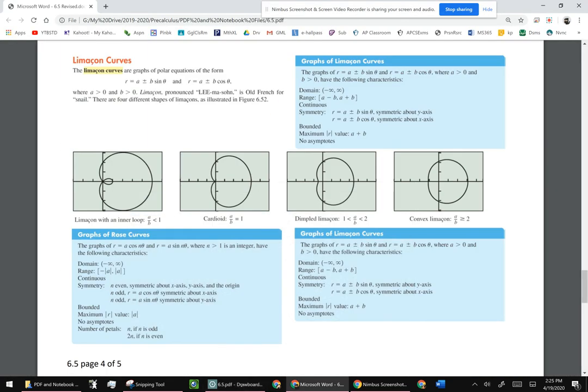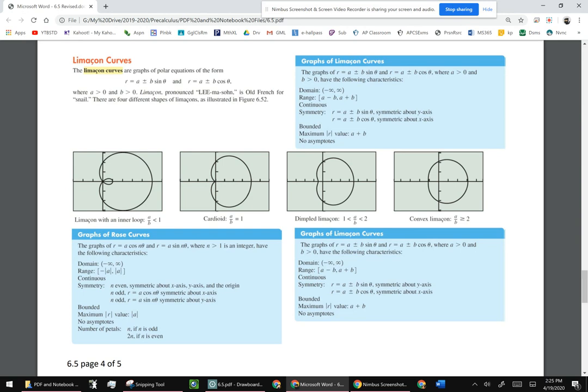over here. If it says A is smaller than B, then you're going to get that first example of an inner looped Limaçon. A cardioid then, a cardioid is actually one without the dimple or the loop, and that's when A and B are the same.